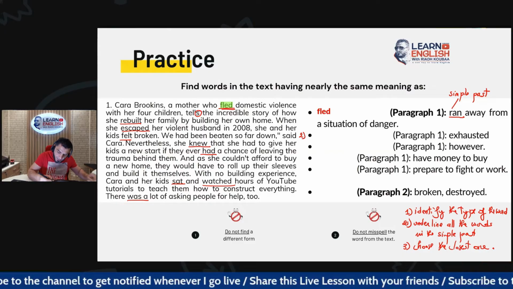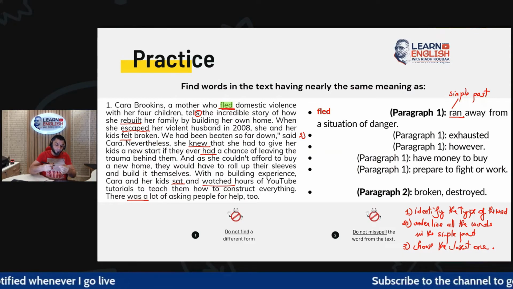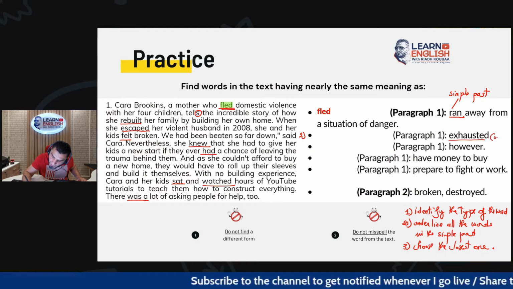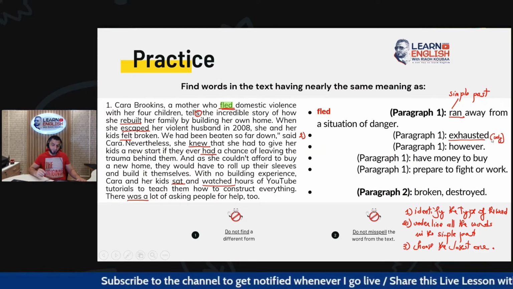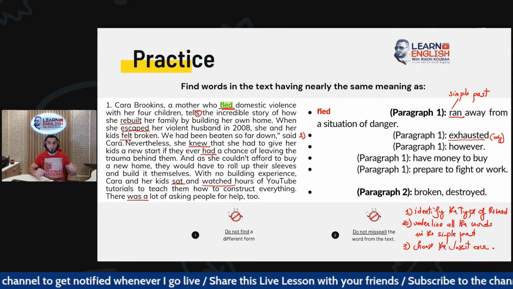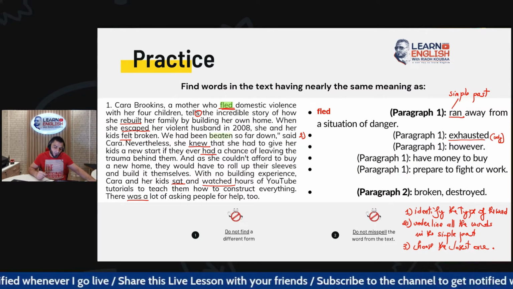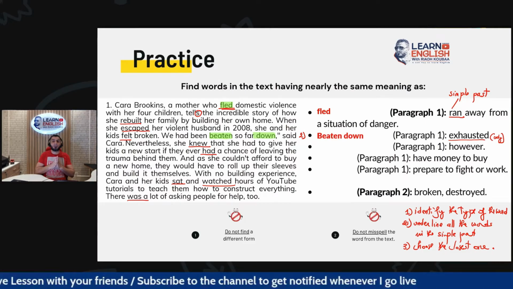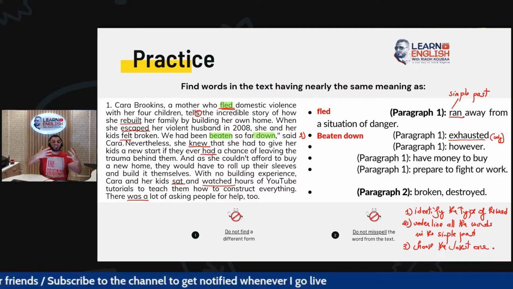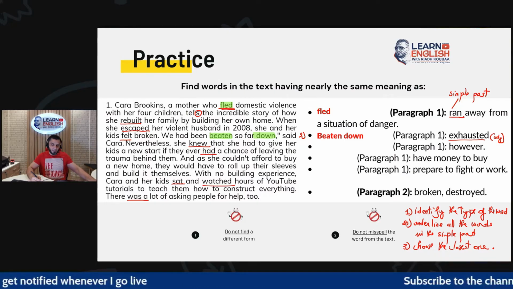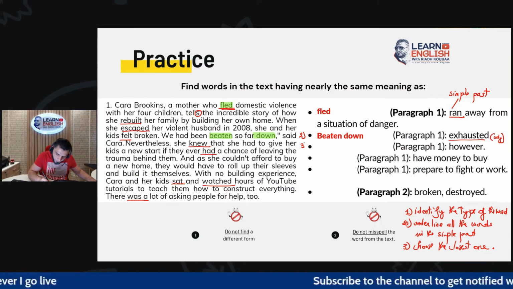Let's move on to the second one. So here I have exhausted. Exhausted is an adjective. So I have to find a word with the same meaning as exhausted, which is beaten, exhausted. So the family was exhausted, was tired because of the domestic violence. Another example.